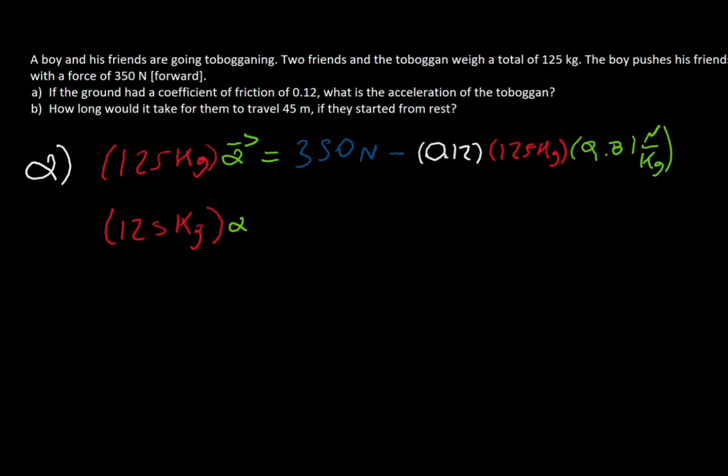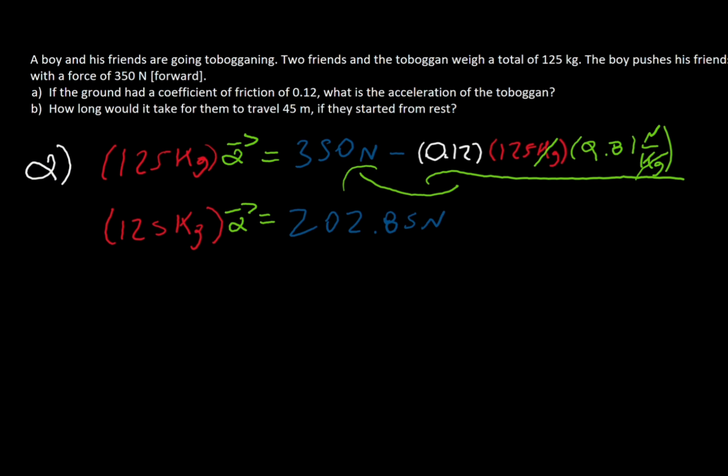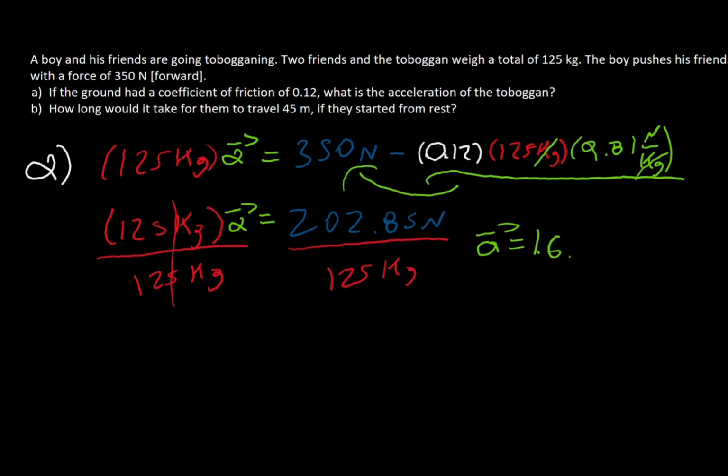Moving on to the next line, kilograms cancel out, so we can multiply these three together and subtract it from this. This gives us 202.85 newtons. Next, we're going to want to divide out this 125 kilograms so that we can isolate for the acceleration, which comes out to be 1.6 meters per second squared, rounding to two significant digits.